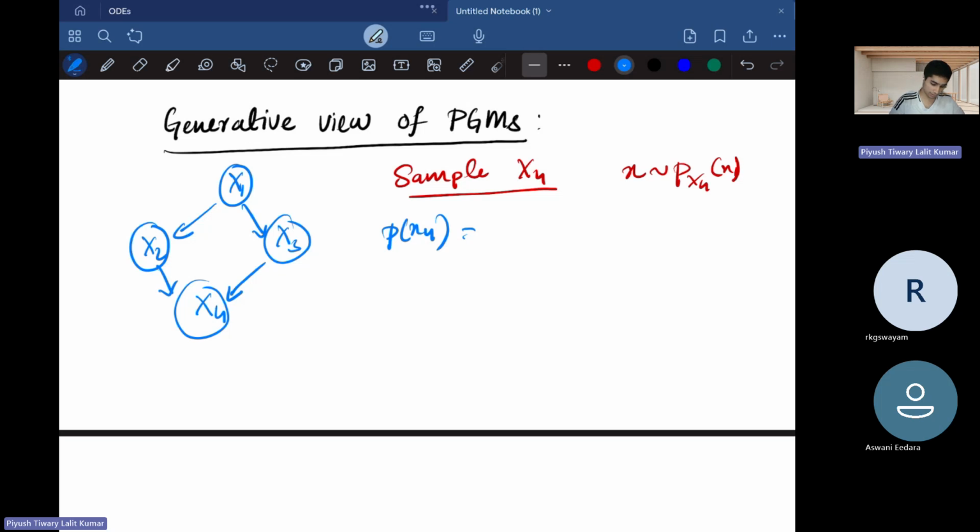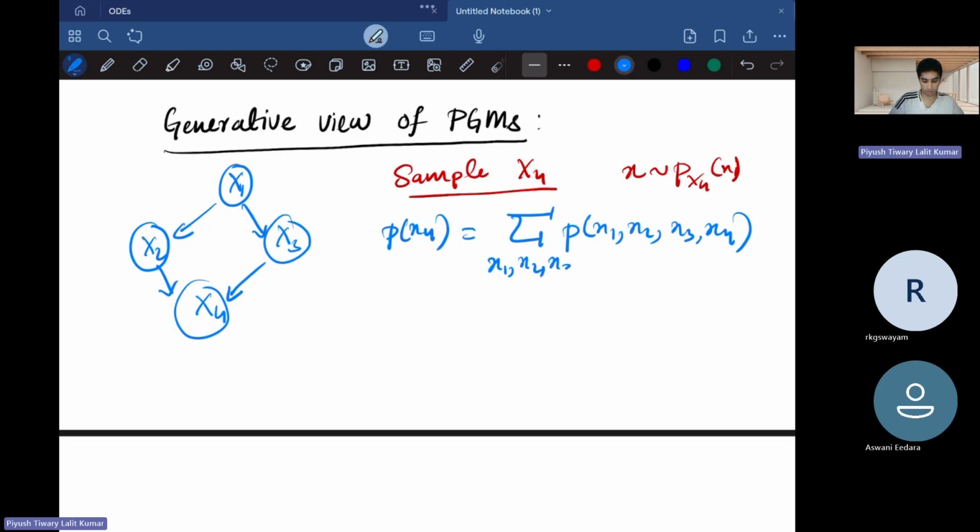So how can you write P of x4 in terms of the joint distribution of x1, x2, x3, and x4? It is quite simple. You use the marginalization property. So you can write this as P of x1, x2, x3, x4, and sum it over x1, x2, and x3.